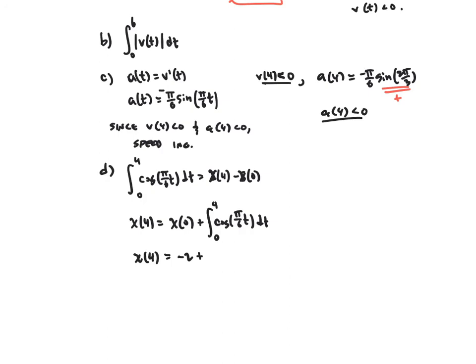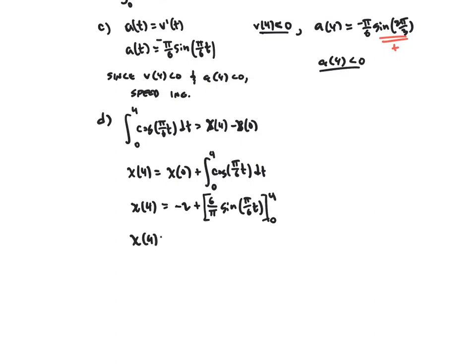Now, the integral of cosine pi over 6t is kind of weird, but it's 6 over pi sine of pi over 6t. So the derivative of that would be cosine of pi over 6t. I'm going to evaluate that from 0 to 4, and only that, not the 2, right? So let's see what we get here.